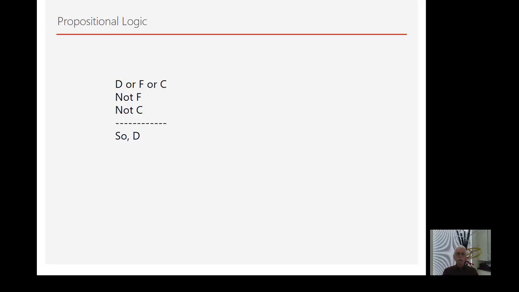This process of elimination. Got three cases, you can eliminate two of the three, so you conclude the third. That's actually a rule that has a name that we won't bother with right now, but I just call it the process of elimination. If you follow that rule, you've got a good argument, regardless of what the D is abbreviating.